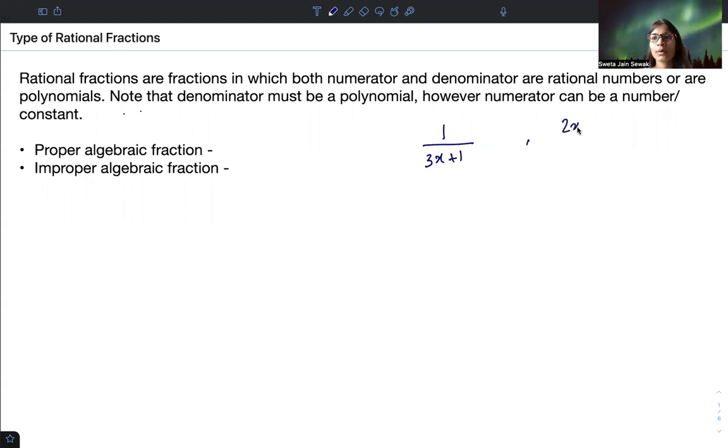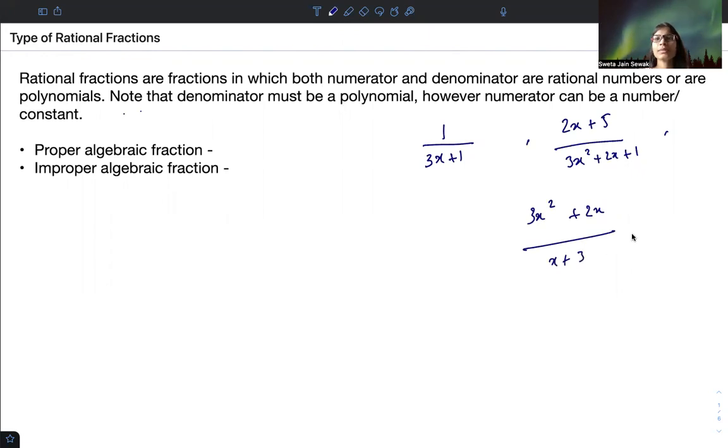Or 2x plus 5 over 3x squared plus 2x plus 1. This is also an example of a rational fraction. Or we may have 3x squared plus 2x over x plus 3. This is also an example of a rational fraction.